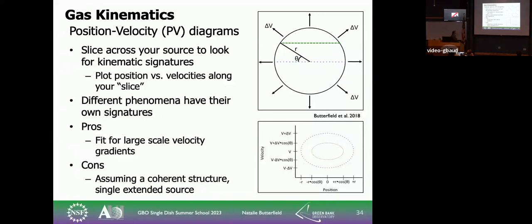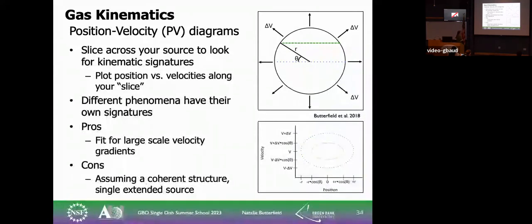All right, position velocity diagram. A position velocity diagram is where you make a slice across your source, and for each of the points along that slice, you look at what the spectrum looks like. So you're plotting position, shown down here, versus velocity.